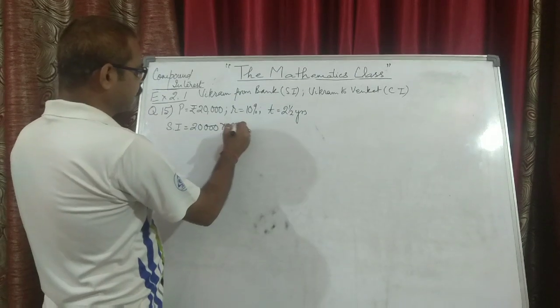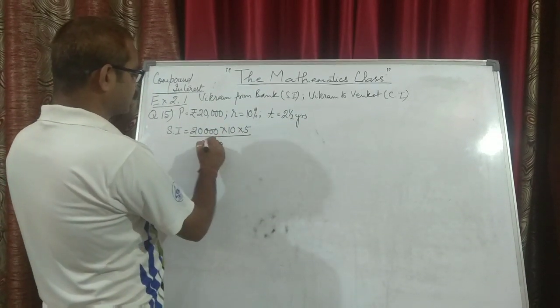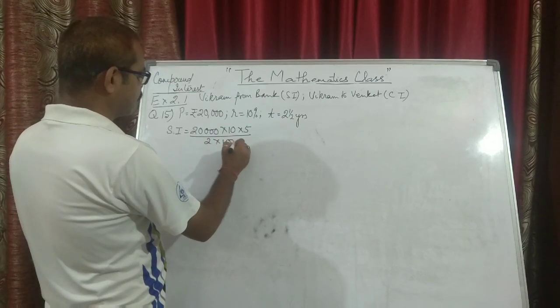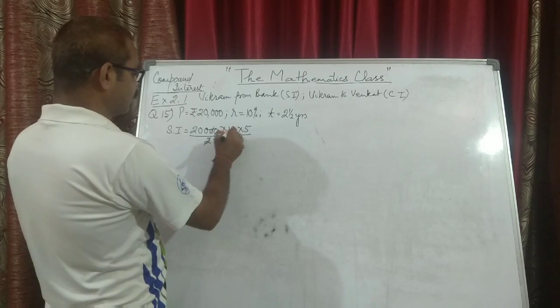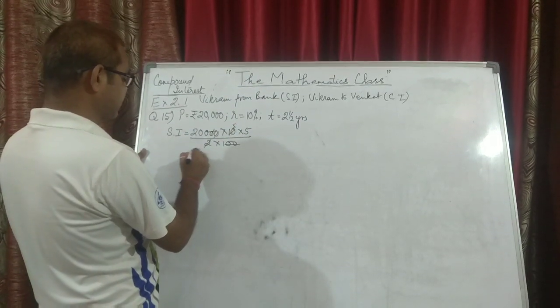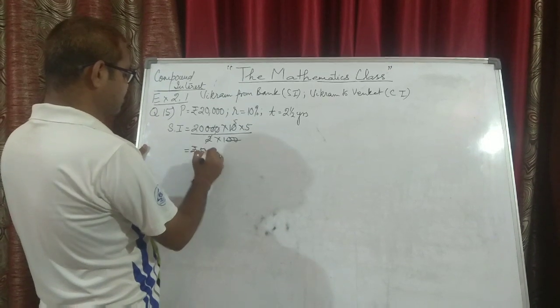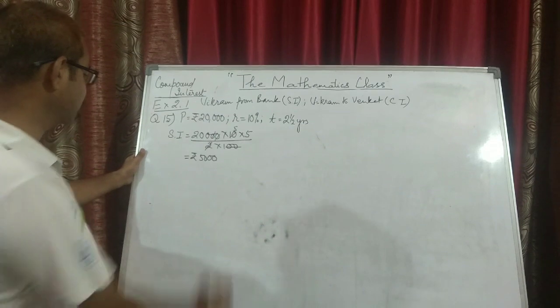20,000 into 10 into 2.5 upon 100. The zeros cancel. 2 fives are 10, 2s are 50, and 0, 0. 5,000 is the interest.